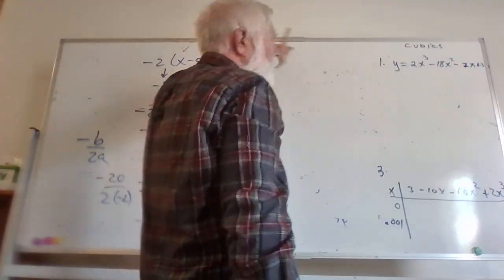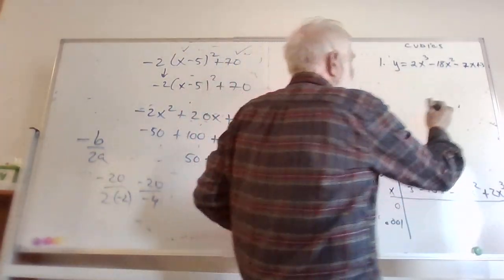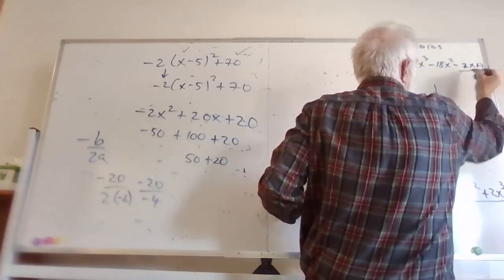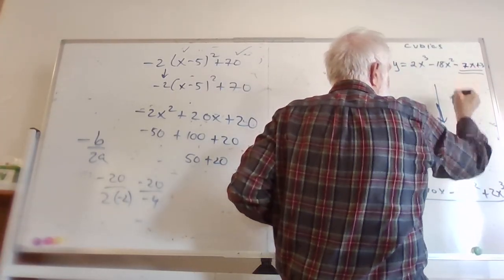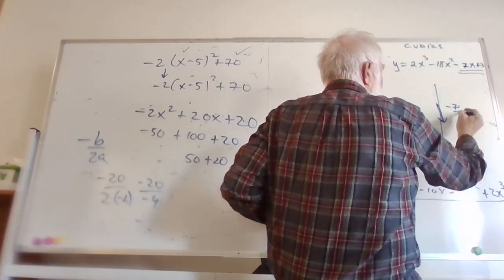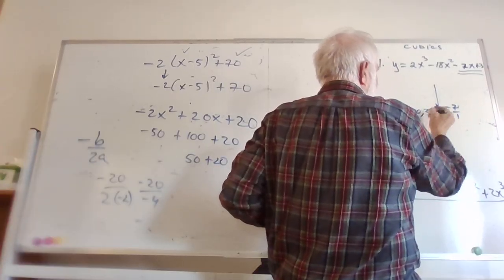All right, so I'm suggesting that at 0, your behavior is down 7 to 1, and you are at 0, 3.